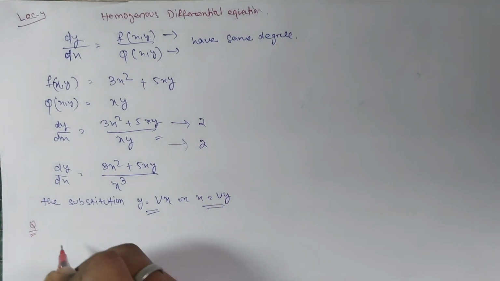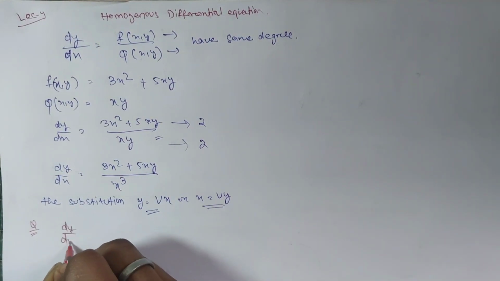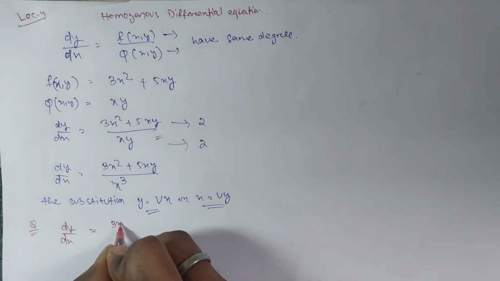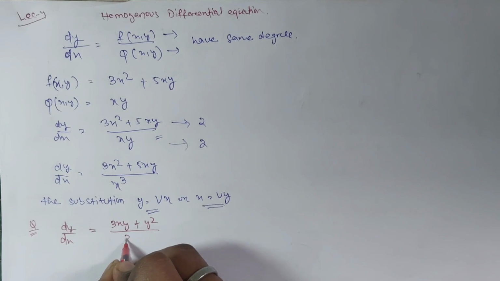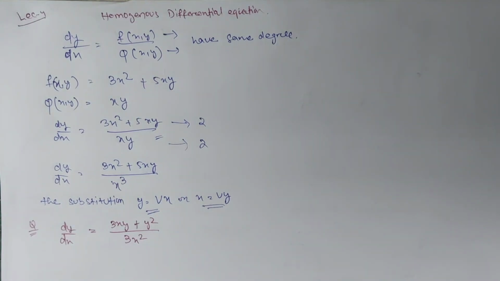The question is dy by dx equals (3xy plus y squared) by 3x squared. Here you can see that this is a homogeneous differential equation, as the upper side function has power 2 and the lower side function also has power 2.